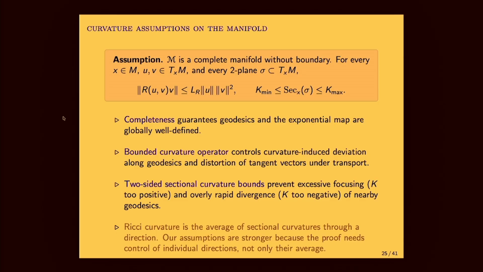This is a fine distinction, and the reason is that we'll be working with ODEs on manifolds, which seem to require a stronger condition compared to stochastic methods like MCMC methods on manifolds, which seem to work with a weaker Ricci curvature type of condition, right? This is an important point I wish to emphasize.